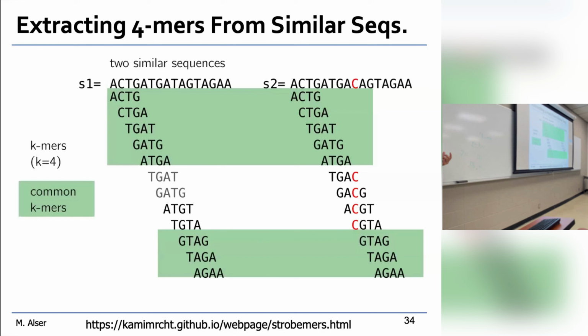How many? Raja? 4 differences. I'm talking about differences in the sequence itself. How many differences will I have between the two sequences? One.